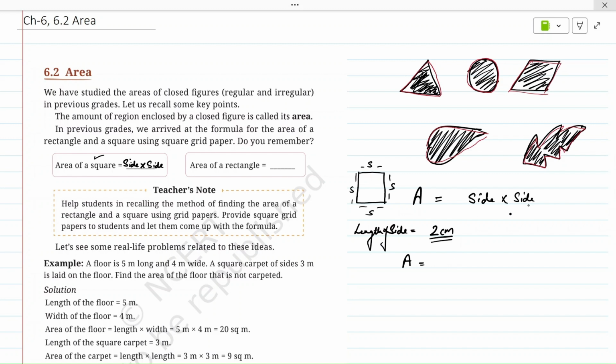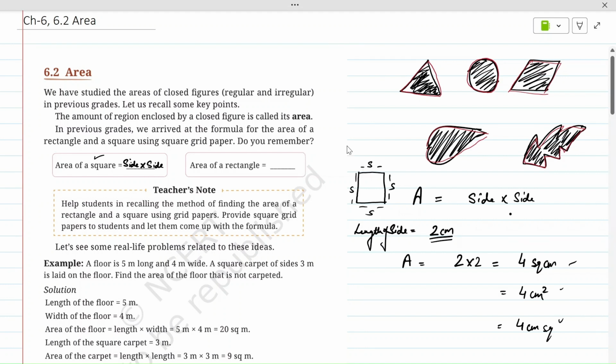It is side multiplied with side. So 2 multiplied with 2 is equal to 4 square centimeters, or you can also write it as 4 centimeter squares or 4 centimeter square. You can pick any one of these. But we have to always mention the units.